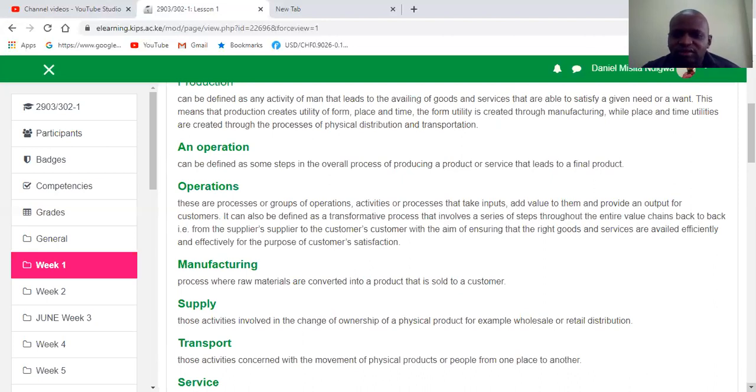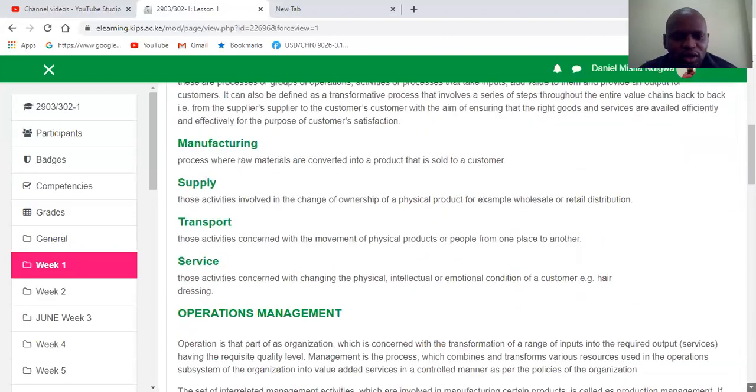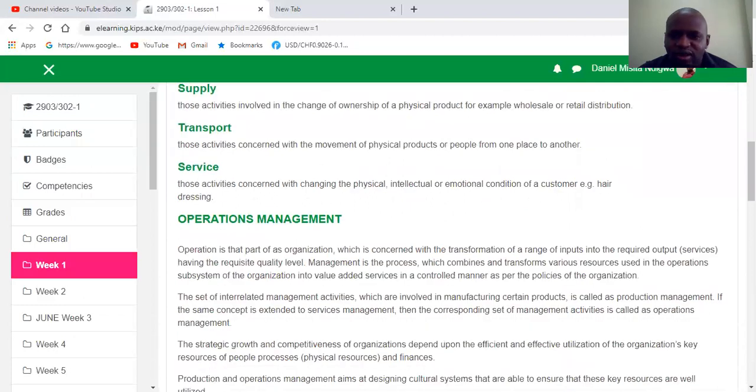Supply involves the activities that lead to the change of ownership of physical products, for example, wholesale or retail distribution. We also have transportation, which involves the movement of physical products or people from one place to another. Then services is our final definition, which involves all the activities that are concerned with changing the physical, intellectual, or emotional condition of a customer.